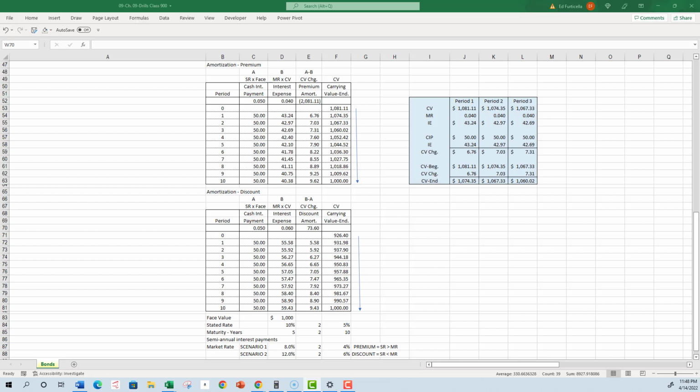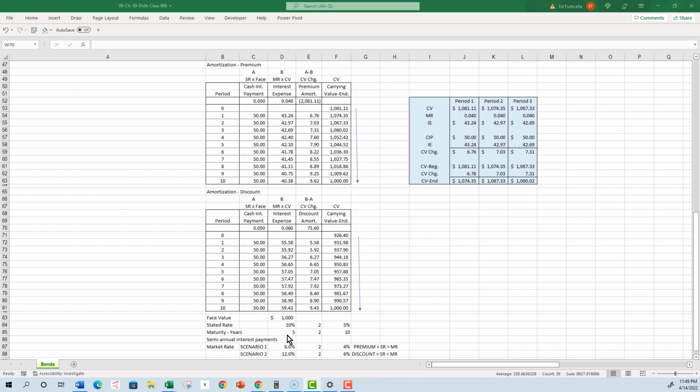Hello, let's take a look at how to calculate interest expense, calculate the change in carrying value, and calculate the carrying value for a discount bond. We'll use a face value bond of $1,000, a stated rate of 10%, maturity of 5 years with semi-annual interest payments.